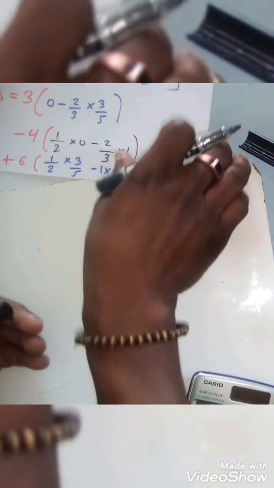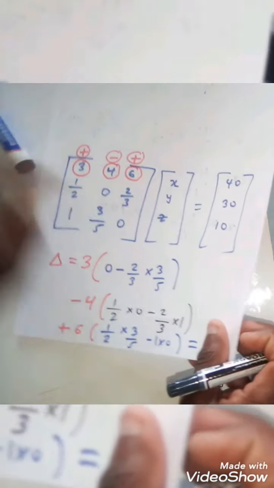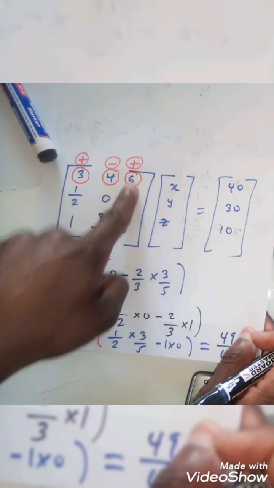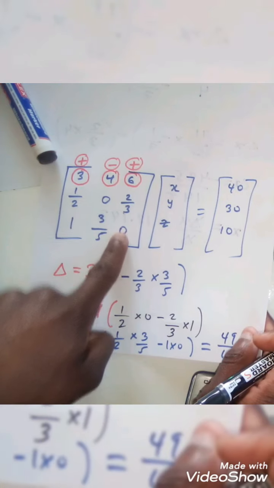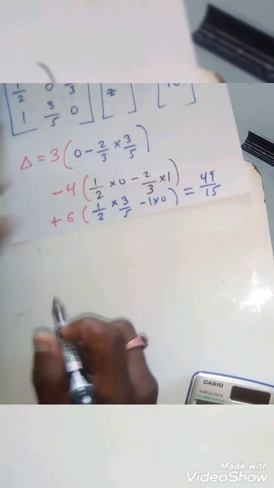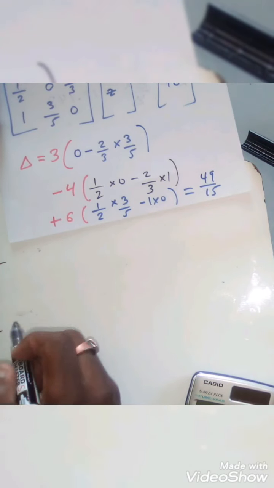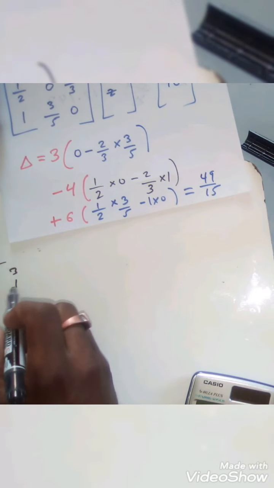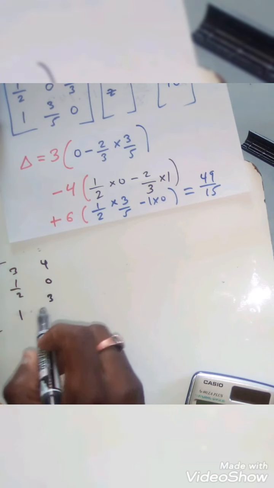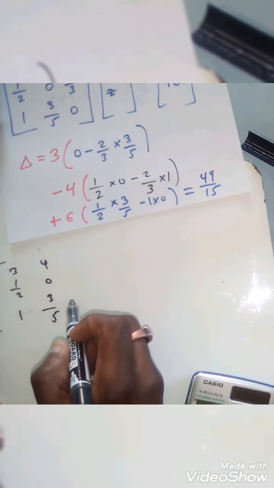So the determinant of z, if I show you, z, the coefficients of z are on the third column. So I'll substitute the values of these coefficients with the solution. So then I'll have something like this. So 3, 1 over 2, 1, 4, 0, 3 over 5, and then I'll substitute the values here.